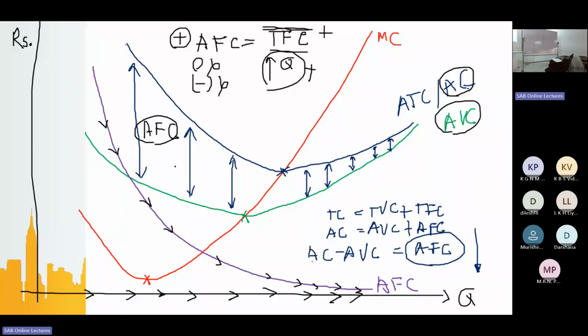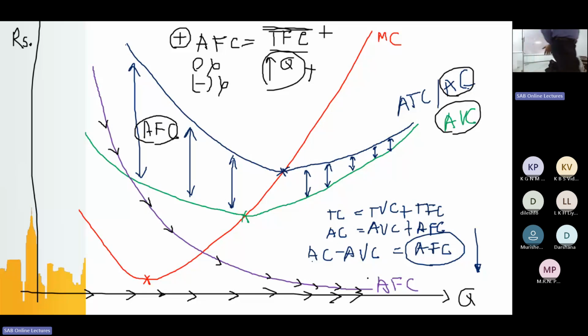This is how marginal cost, average total cost, average variable cost, and average fixed cost behave.